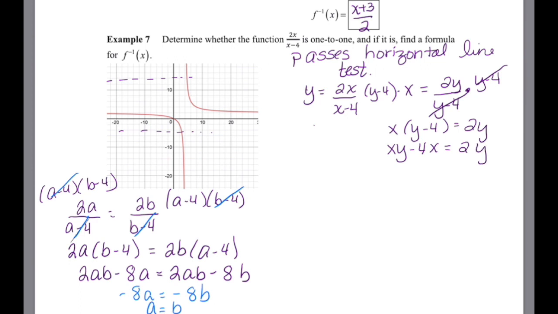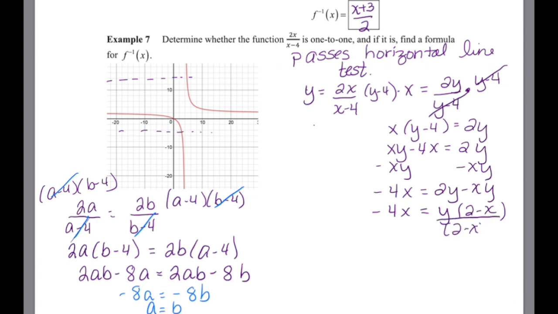I'm going to get all my y's together, so I'm going to subtract xy. Now we have negative 4x equals 2y minus xy, and I can factor out my y value. Negative 4x equals y times 2 minus x. Divide by 2 minus x.